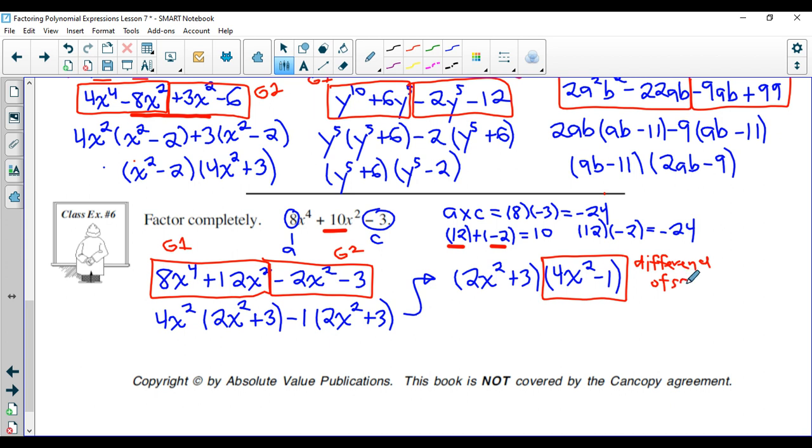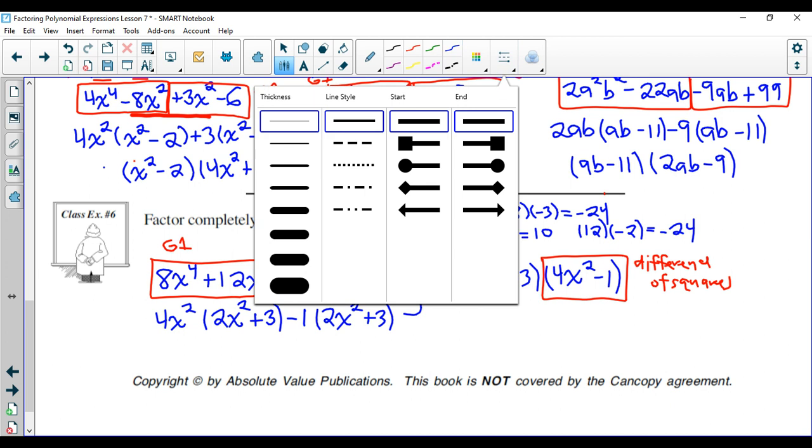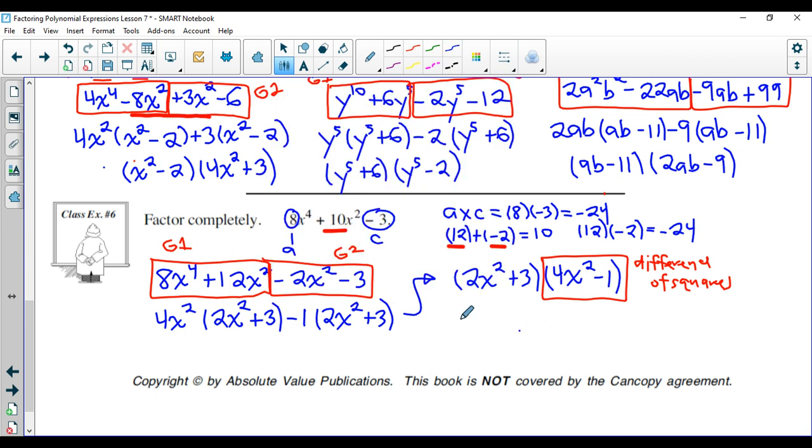We're going to get into more complicated difference of squares in a moment. If you factor that, nothing happens to the first binomial, it just stays as 2x squared plus 3. This one factors into two factors, where the first term in each factor is the square root of the first term.